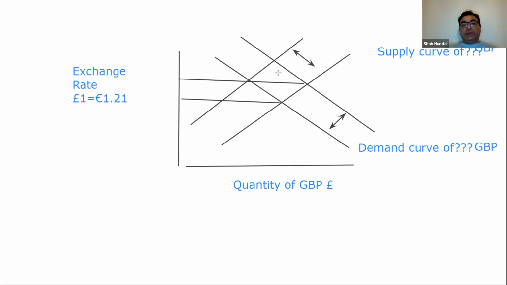And if something becomes cheaper, then again, there are two possibilities. Demand has gone down and/or supply has increased.